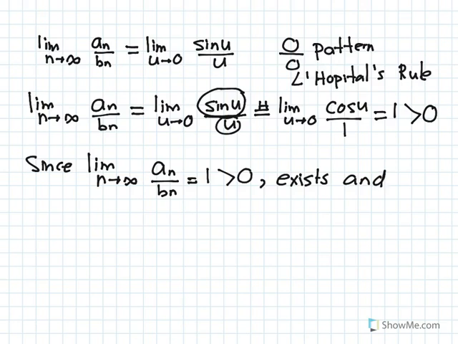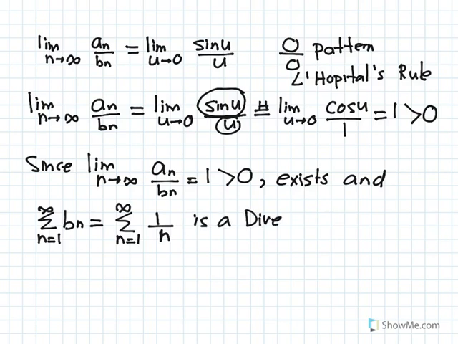And our comparison series, summation bn, n equals 1 to infinity, is equal to summation n equals 1 to infinity 1 over n. And this comparison series is a divergent p-series with p equals 1.